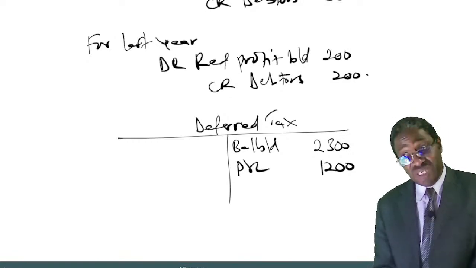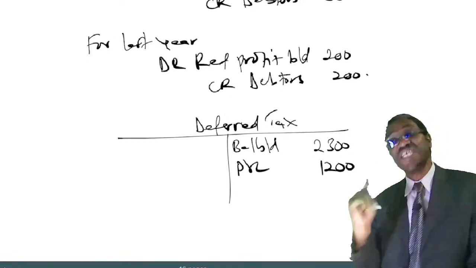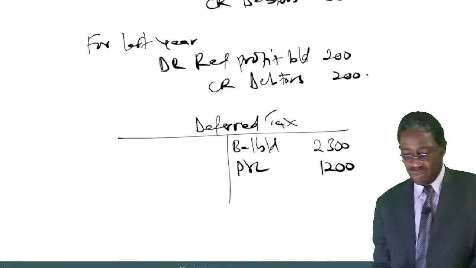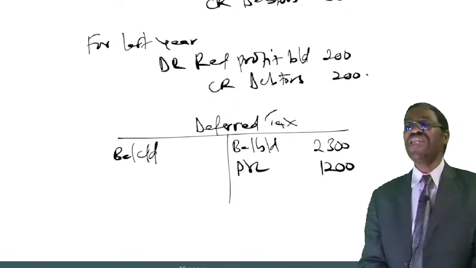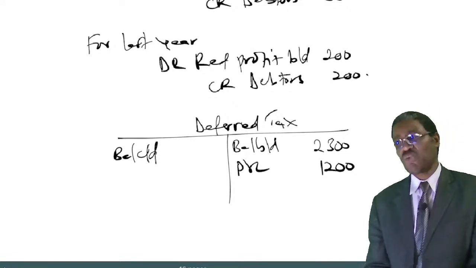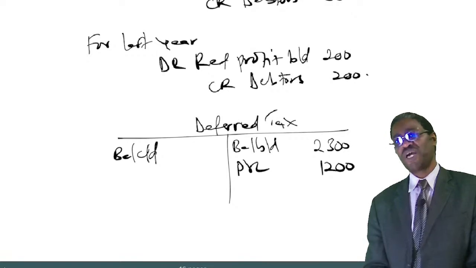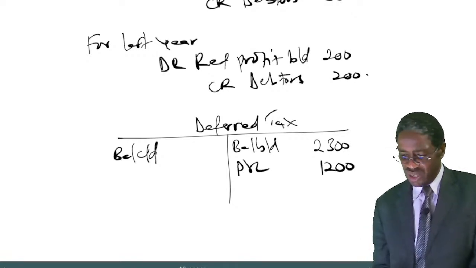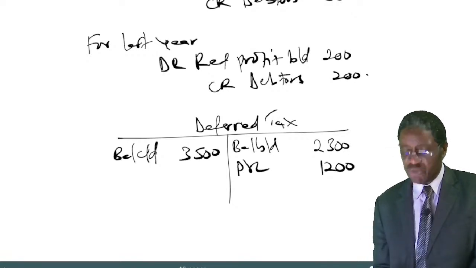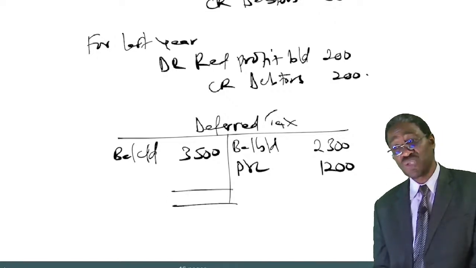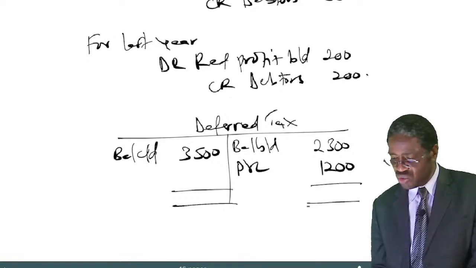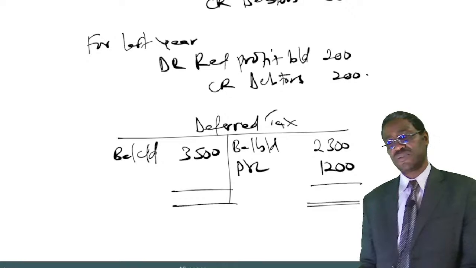Meaning, by the end of the year, we shall carry down a liability of how much? 2.3 million at the beginning, plus 1.2, we are carrying down a liability of 3.5 million. So 3.5 million will go to the balance sheet. 1.2 million will go to the income statement.